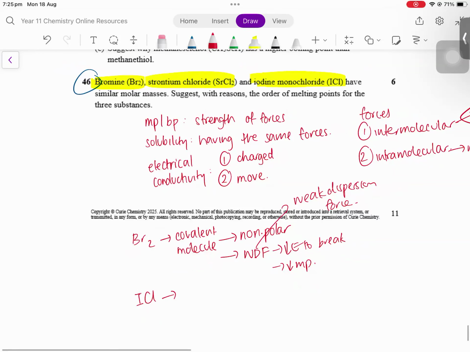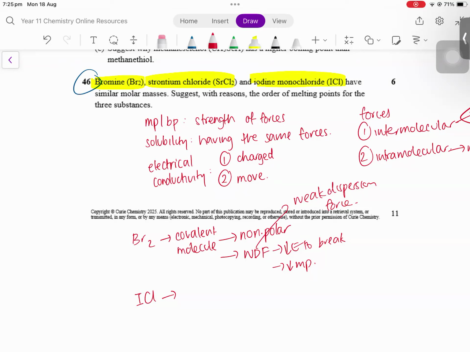Let's skip to iodine monochloride. Ionic, covalent, or metallic? Iodine's a non-metal, chlorine's a non-metal, so it's covalent. But guys, these are two different elements. They're not the same one. The electrons might be pulled differently.